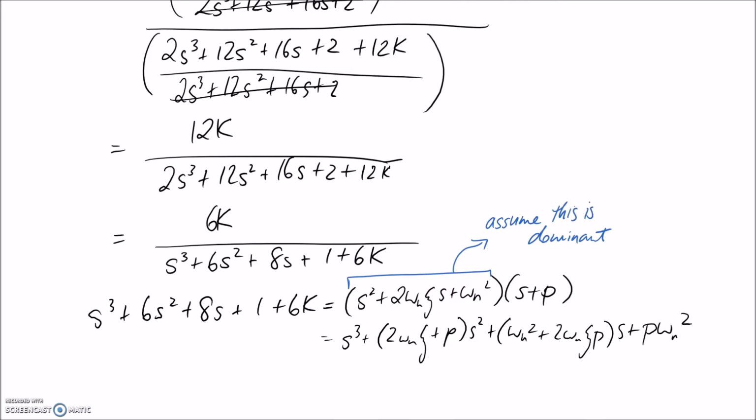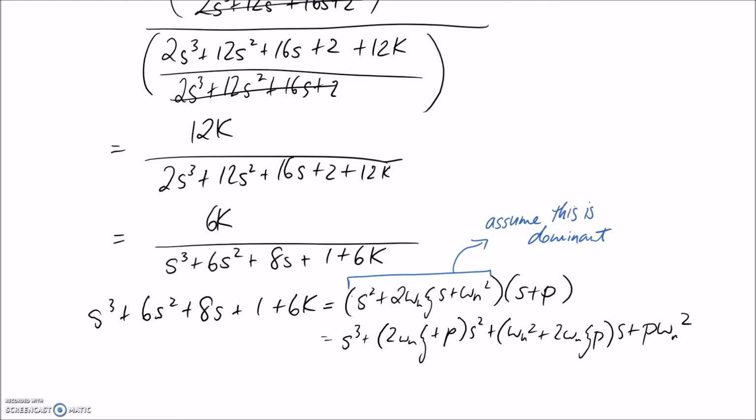Okay, so that's what we end up with. We've got s cubed, s squared, a constant times s, and just a random constant on the end as well. And we can go through and start equating together the constants in front of each of our powers of s.